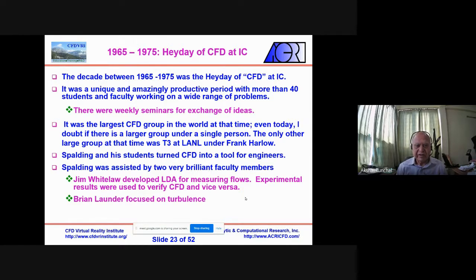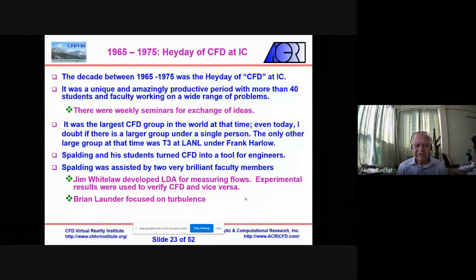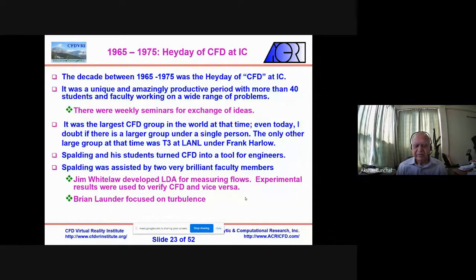So that was the situation. We used to have weekly seminars, and every student was asked to present his ideas once in a while. It was the largest CFD group at that time, and even today, I doubt there is a larger group. The other group was at T3, but that was much smaller than the Imperial College group, about 10 people.